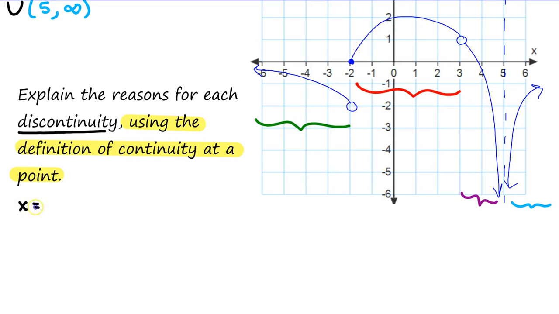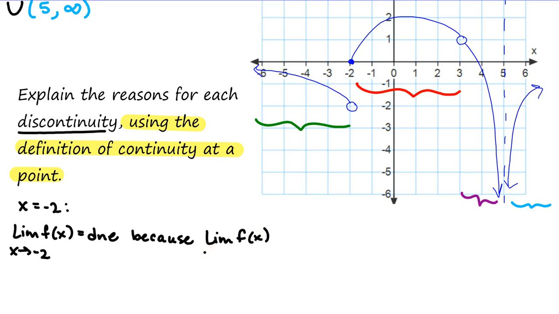So for x equals negative 2, the limit of f of x as x approaches negative 2 does not exist because the limit of f of x as x approaches negative 2 from the left is not equal to the limit of f of x as x approaches negative 2 from the right.